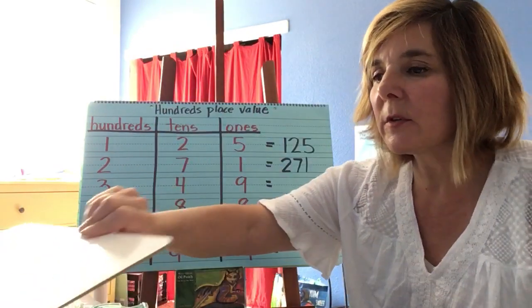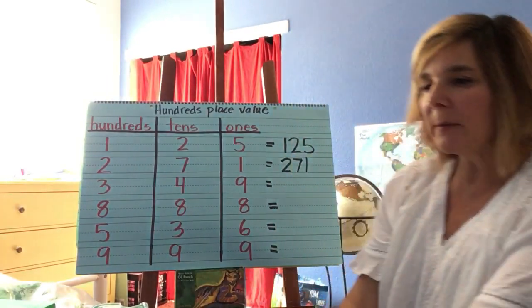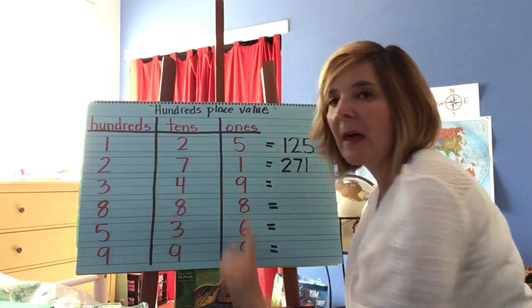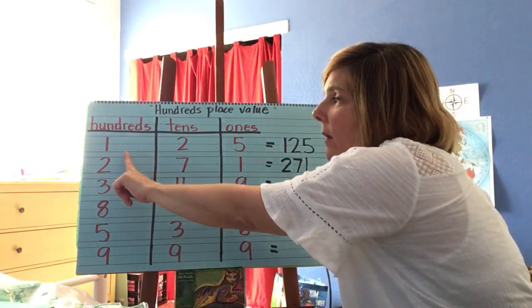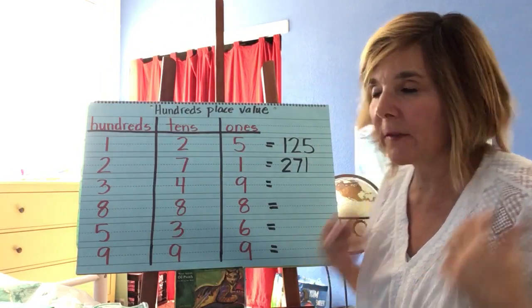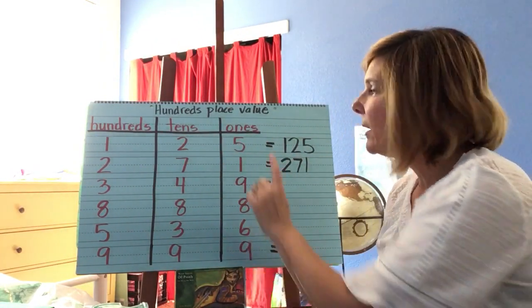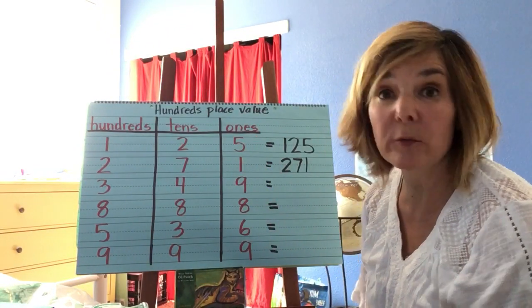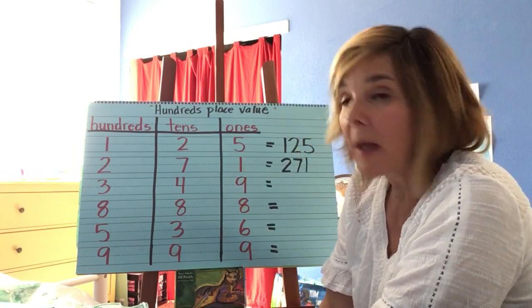To write a number in the hundreds, you need 3 places. Now let me show you what I did for example. Over here on the left is where I put my highest number, the number in the hundreds, my highest place value. In the middle is my tens. And to the right is my ones. Okay, we read numbers left to right, just like we read words left to right.